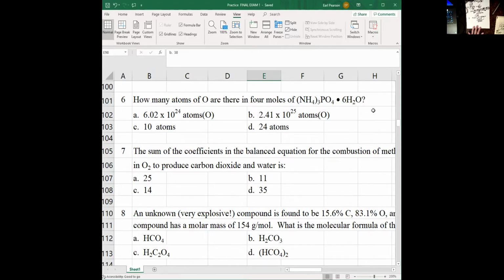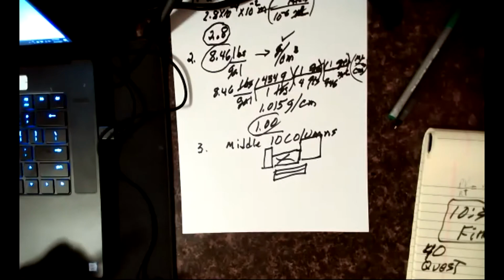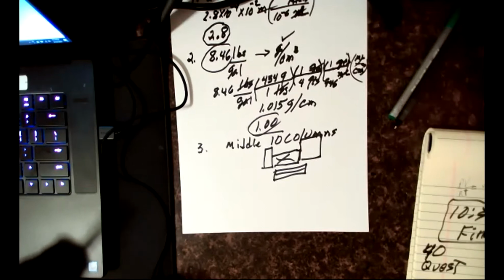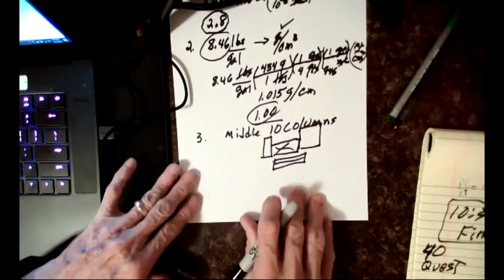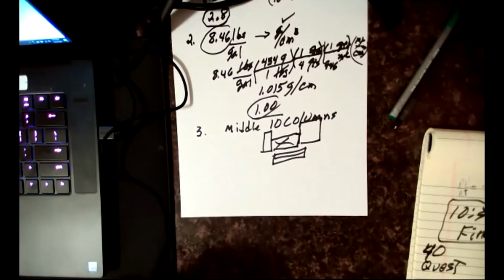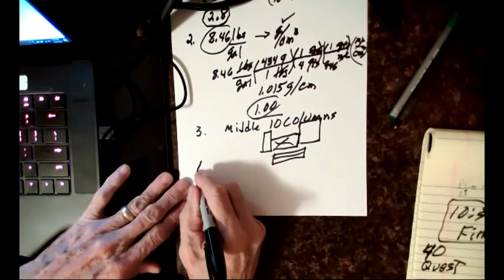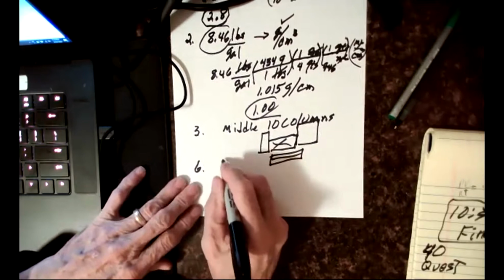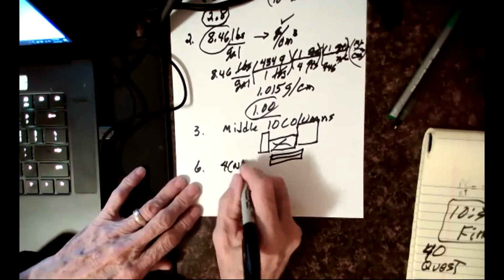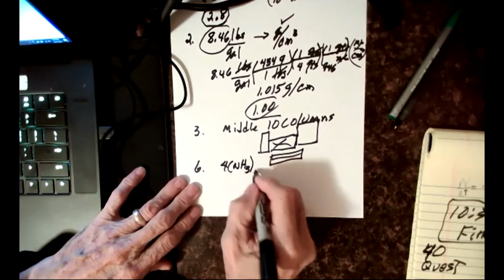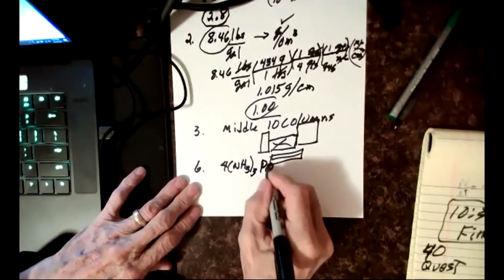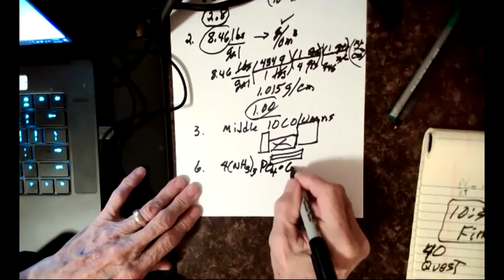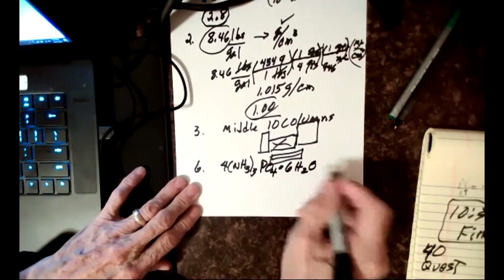Now this one I think we might need the pad to do. So let's stop the share and do it. How many atoms of oxygen are in, I don't know, maybe we can do it on here. We're down to number 6. And we got 4 (NH4)3PO4·6H2O.